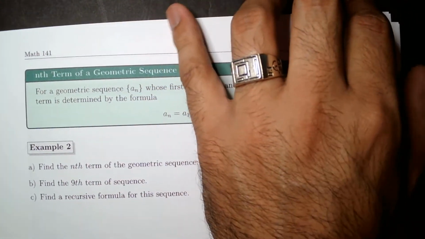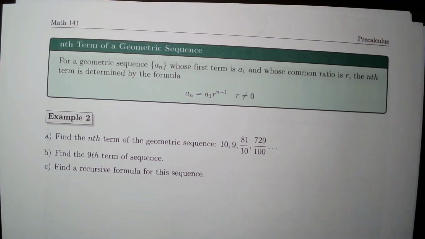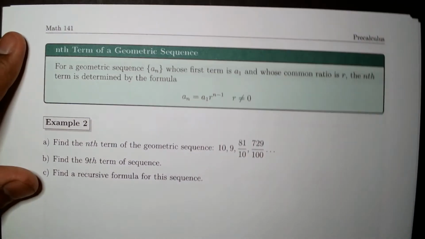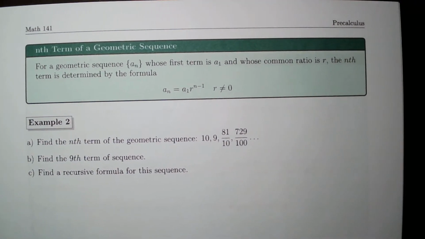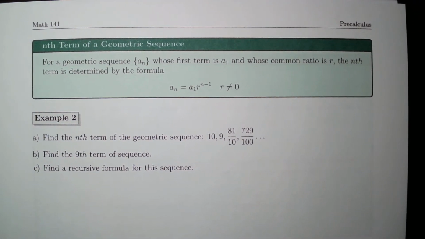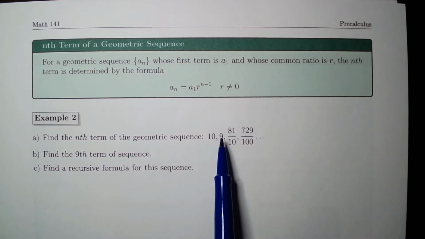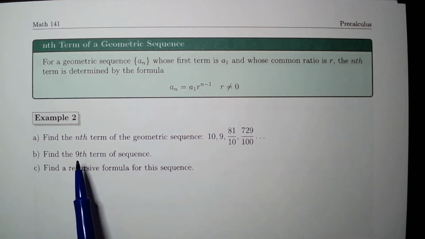Let's look at how we find a formula for the nth term of a sequence, because you don't want to keep multiplying by some number r every single time; it's going to be a hassle. What if you were asked for the 9th term?